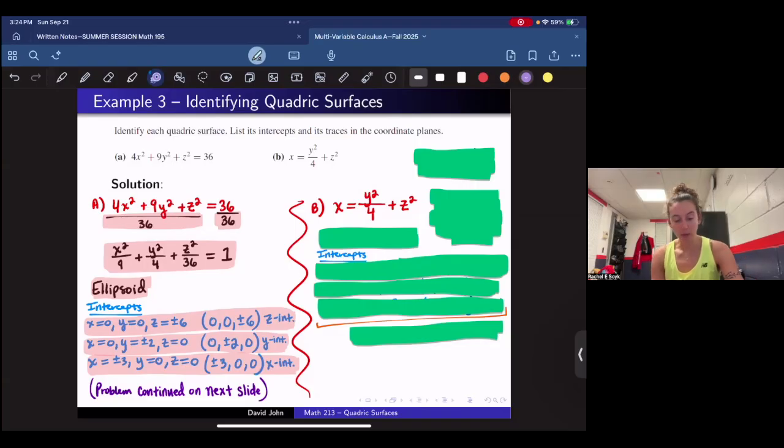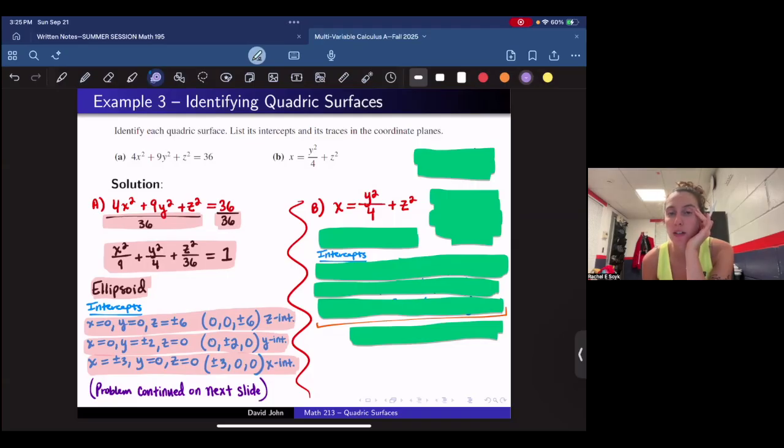So in part B, we have our x is equal to y squared over 4 plus z squared. So we're going to be dealing with an elliptic paraboloid here, right?